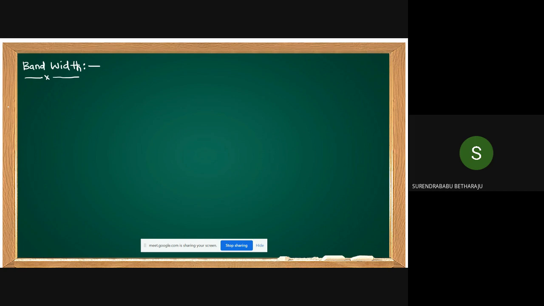Then after completing that, we go for the parallel resonance. How do we define the bandwidth, student? Bandwidth represents the range of frequencies. Please note this down. Bandwidth represents the range of frequencies.